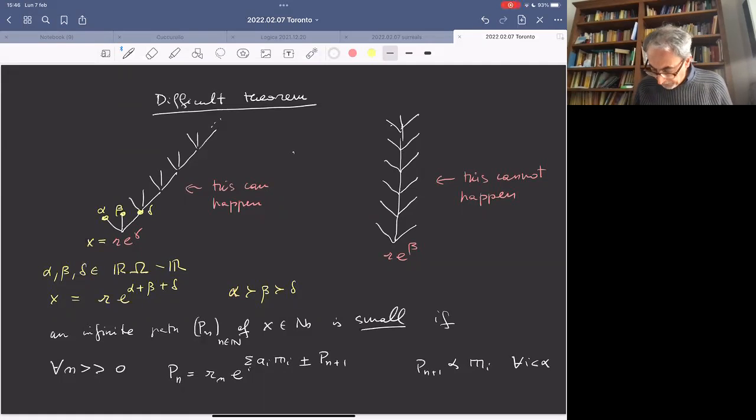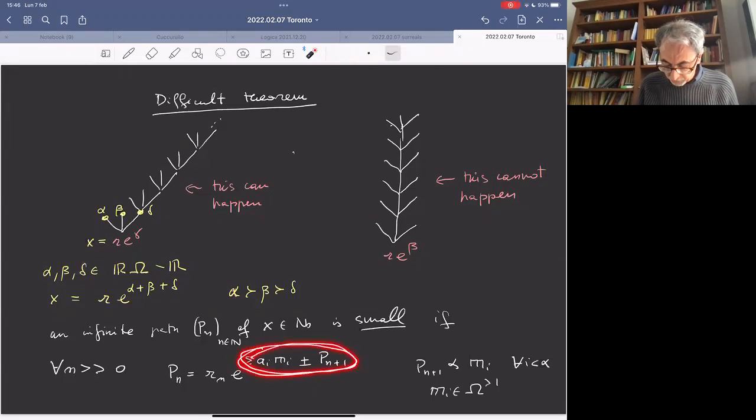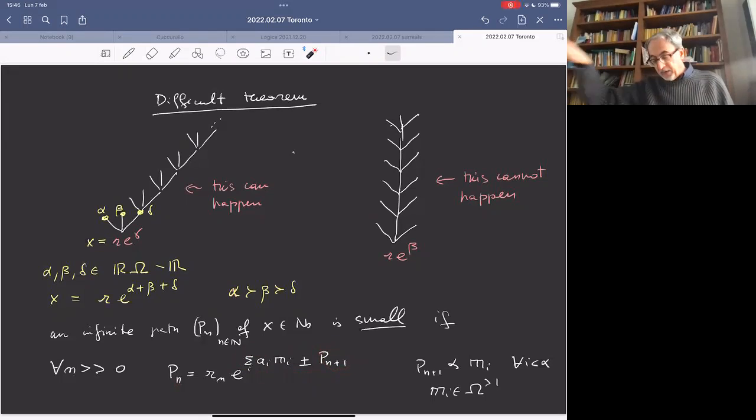And here all the mi are purely infinite monomials, because we are assuming that this is written in normal form, so the exponents are always purely infinite. You expand the exponents, and Pn plus 1 appears as the smallest part of the exponent.